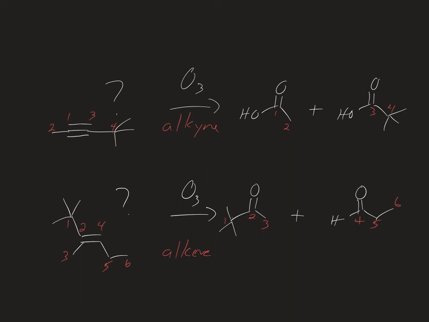And then again, just to clarify, how do I know if it's an alkyne or an alkene? I know it's an alkyne when I see 2 carboxylic acids or carbon dioxide, CO2. Does it matter how you number your carbons? It doesn't matter. The numbering has nothing to do with anything as long as you number them and don't lose them. But if you see carboxylic acids or CO2, CO2 is telling you it's a terminal alkyne.